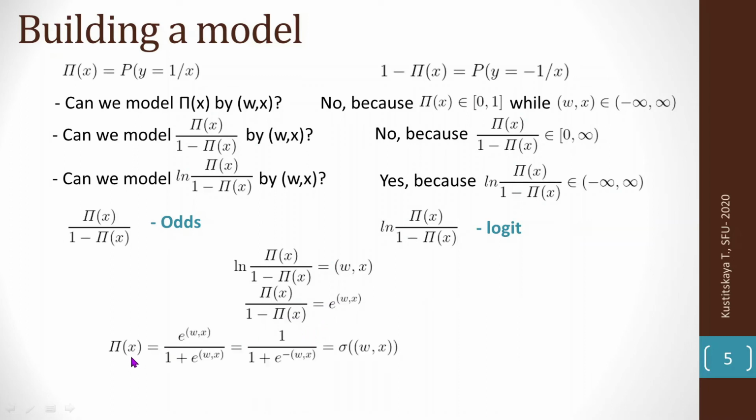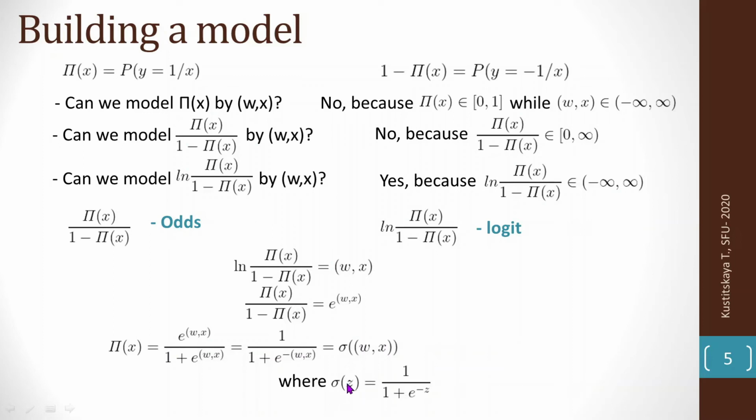We've got that P of x is equal to such a fraction with exponent in the numerator and in the denominator. We can divide both parts by this exponent and rewrite it in terms of the sigma function.